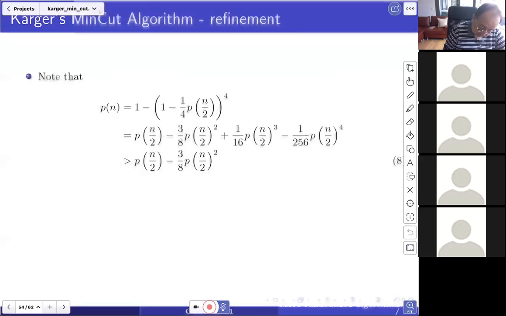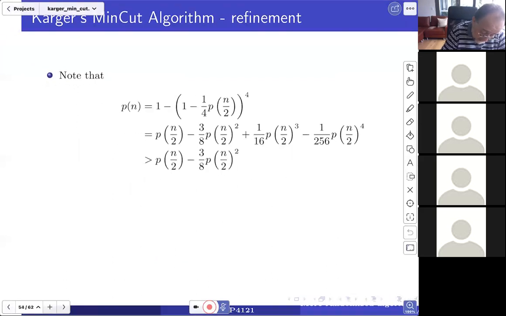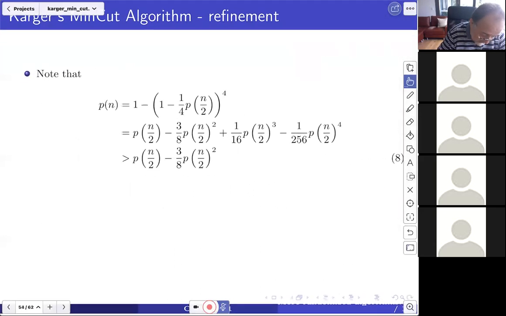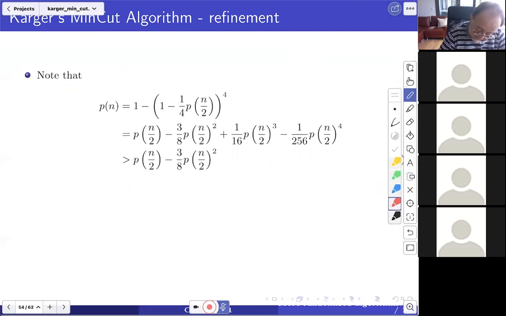And then a little bit of algebra. If you take this to the 4th power, this is what you get. You get this expression just by taking by hand this to the 4th power.